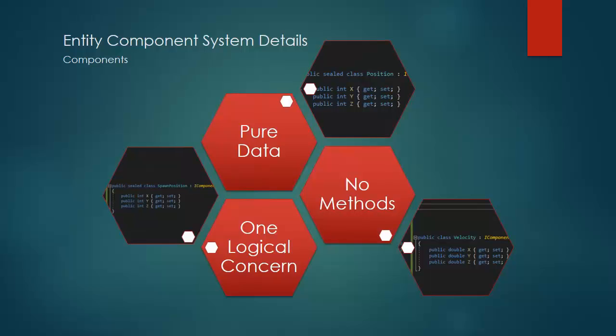So a system just simply says, hey, I want to know about anything that has a position and a spawn position and the player tag, right? And then it says, well, that's a player, of course, right? So that says, hey, these are the players in the world, right? Or a player ID tag, maybe, or whatever.